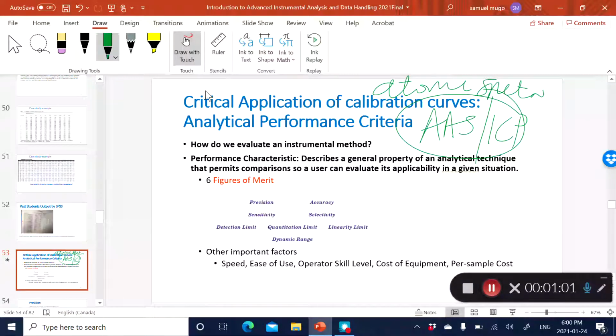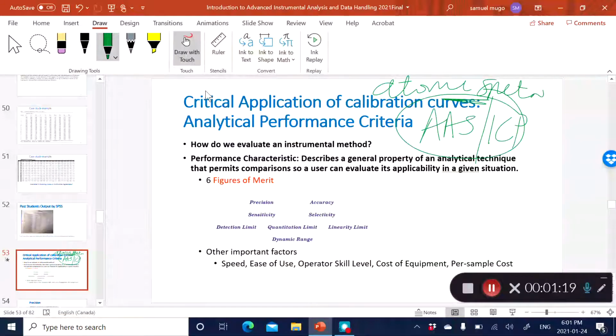So how do you then determine which is the best instrument to use for a certain application? Well, they perform essentially the same purpose. They are used for atomic spectroscopy.